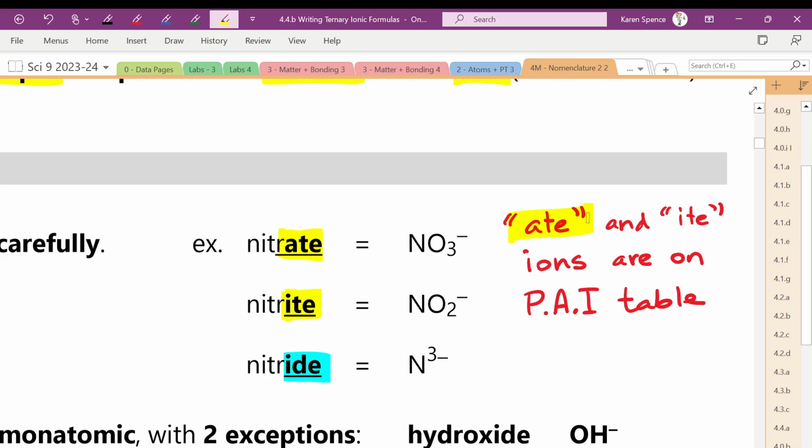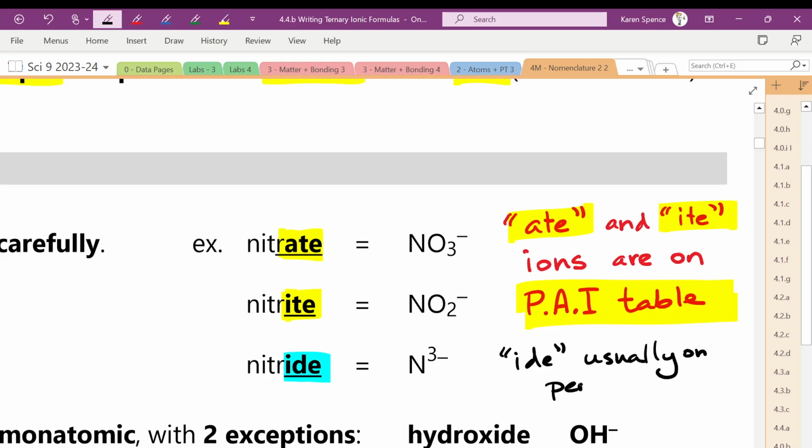Okay, so the ates and the ites are on the polyatomic ion table. Ide is usually on the periodic table.